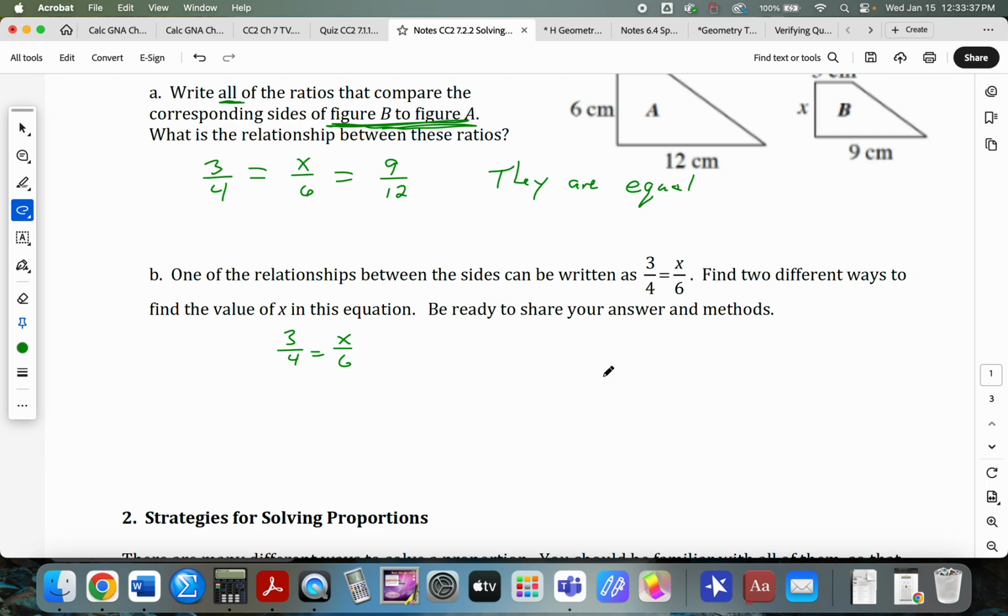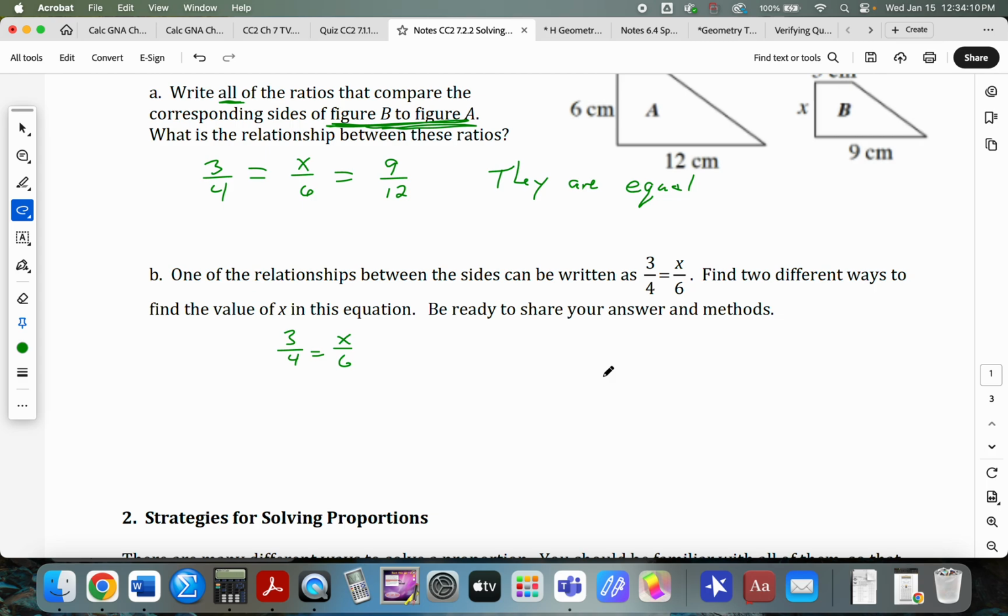Let's pick on somebody. Emma. How would you solve this?